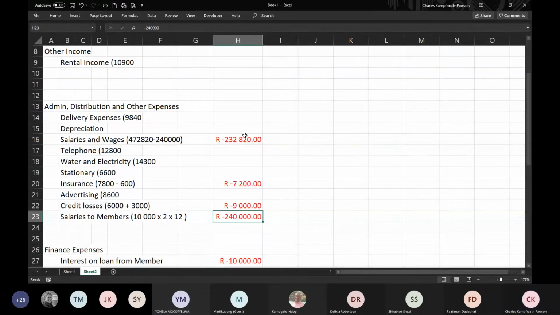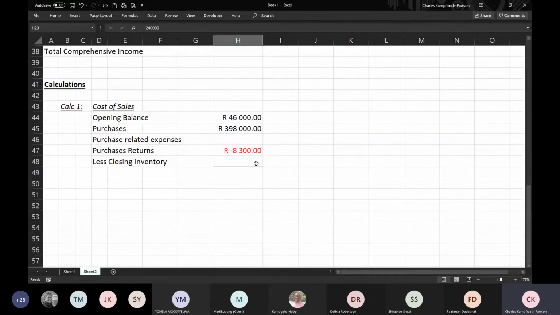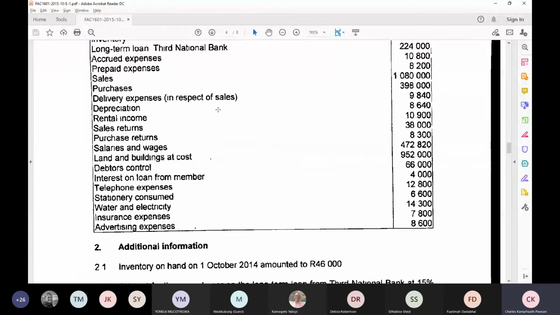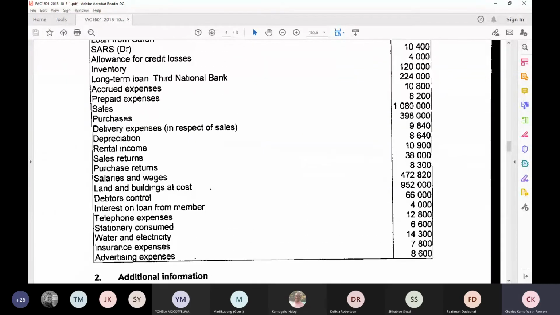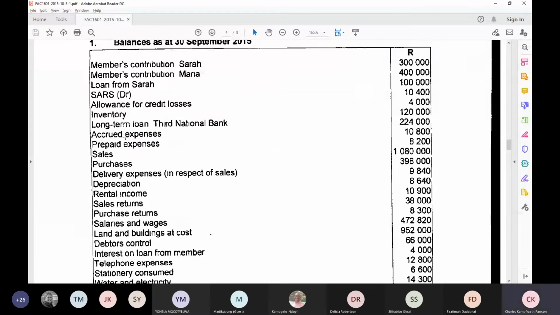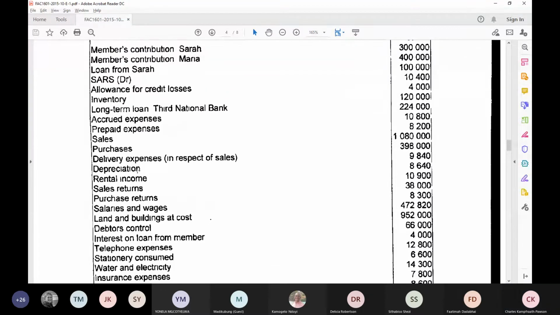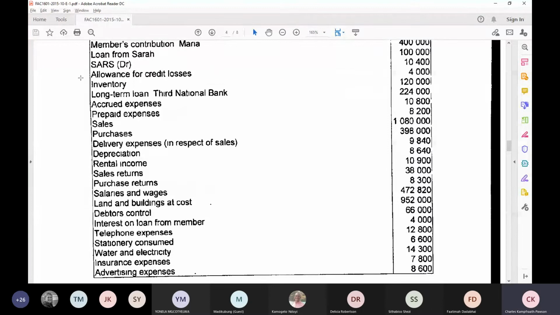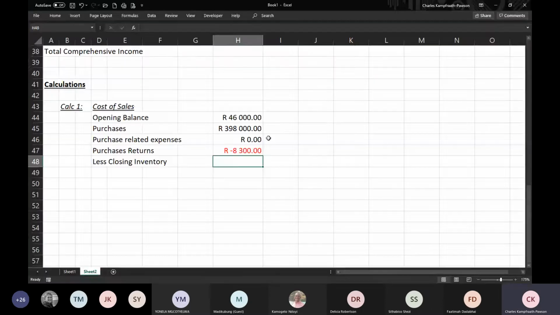100%. Okay, so now let's calculate this part. There were no other purchase-related expenses that I saw, so correct me if I'm wrong. The closing balance of inventory. Where's inventory? Okay, there we go. 120,000.